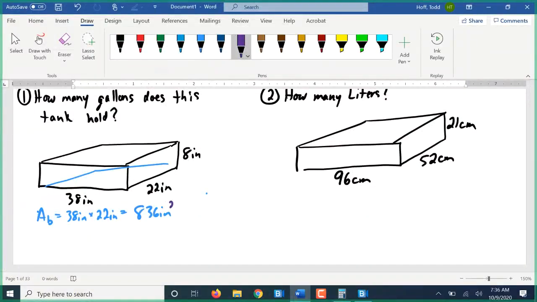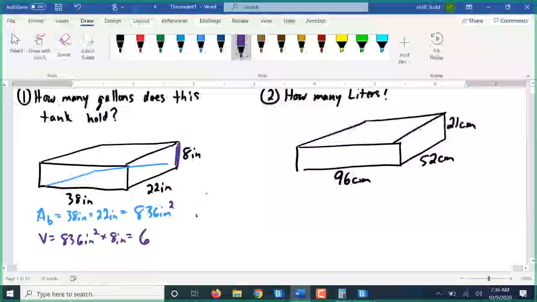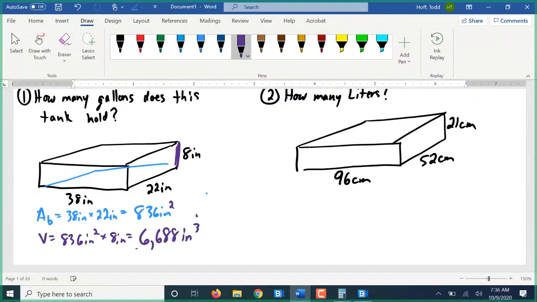So the volume is that 836 square inches times that 8 inches of height, which gives us 6,688 cubic inches of volume.